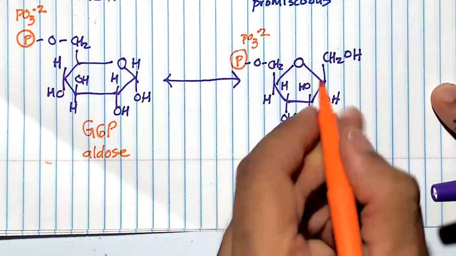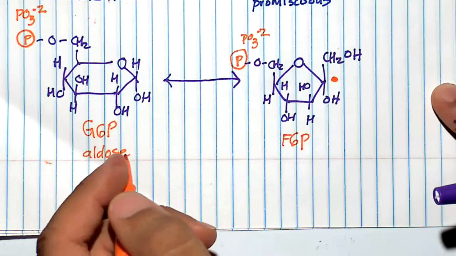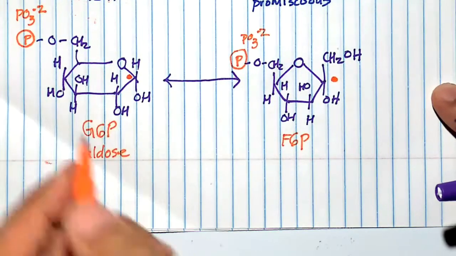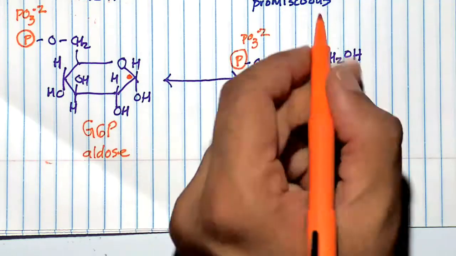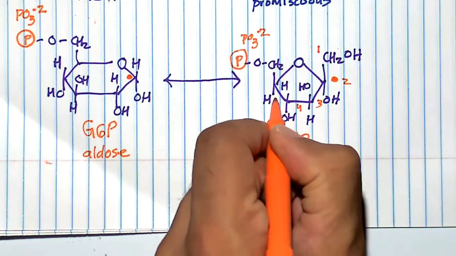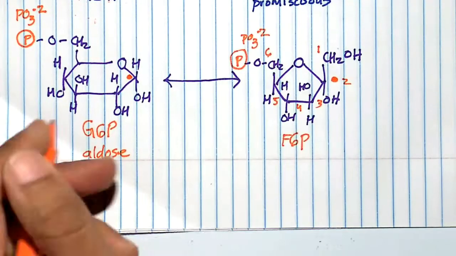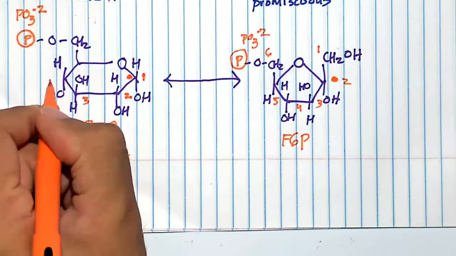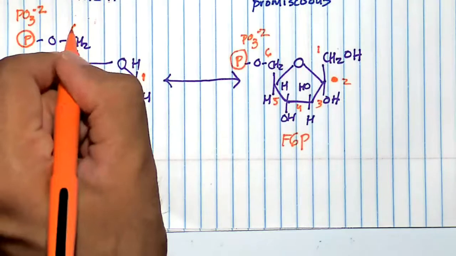Remember, here's the anomeric carbon in ketoses. Here is the anomeric carbon in aldoses. And the carbon numbering is 1, 2, 3, 4, 5, 6. The carbon numbering here is 1, 2, 3, 4, 5, and 6.